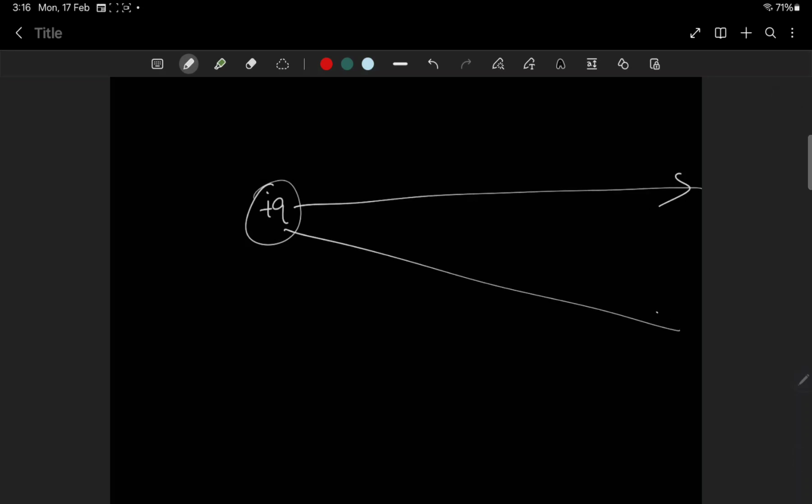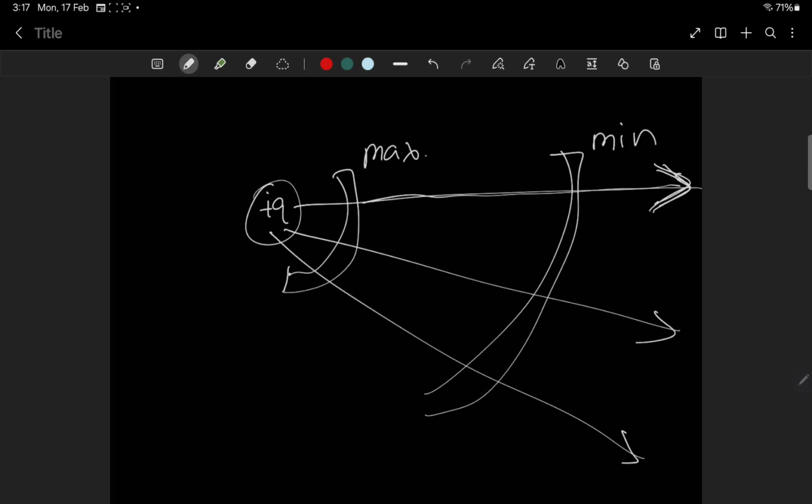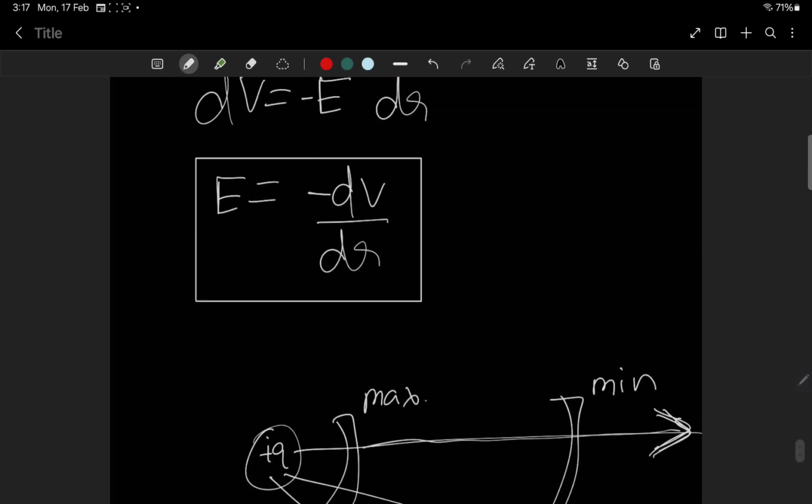As I'm going away from the charge Q, the potential is decreasing; near the charge the potential is maximum. As we go along the direction of electric field, potential decreases. That's why we give minus dV by dr. That's the meaning of that minus sign.